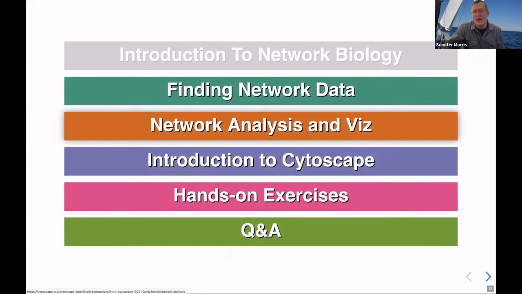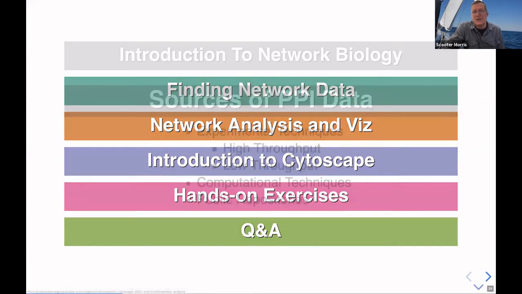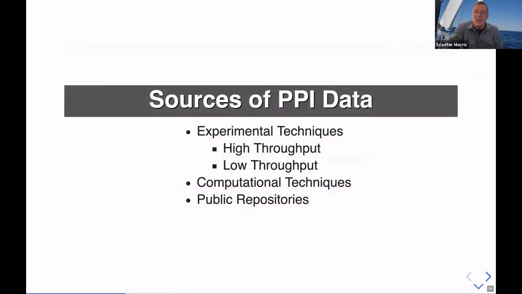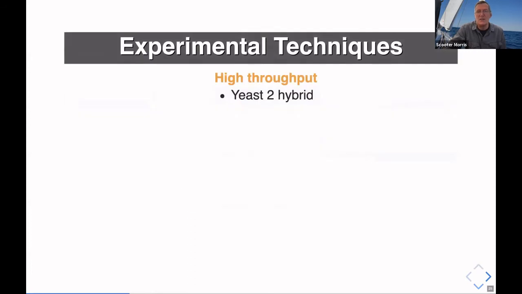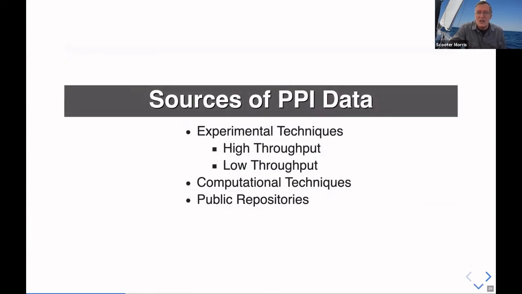But what I want to talk about briefly is finding network data. How do you find the network? The first question is, what are the sources of network data? I'm not going to go through these, but if you're interested, you can dive through and find out where network data typically comes from at the experimental level, high throughput, low throughput, some of the computational techniques, and some of the public repositories.